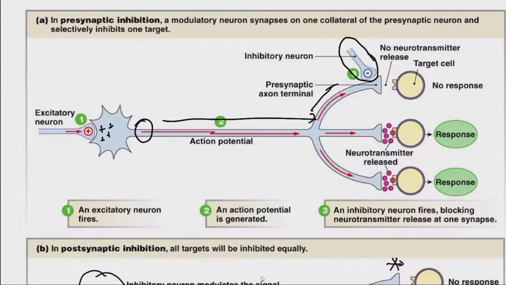The action potentials are going to spread down all of the axon terminals, and when they get here, we have neurotransmitter released, but look at what happens when the inhibitory neuron fires at the same time. The inhibitory neuron creates enough of a hyperpolarized environment that the action potentials are killed. And so no neurotransmitter is secreted.